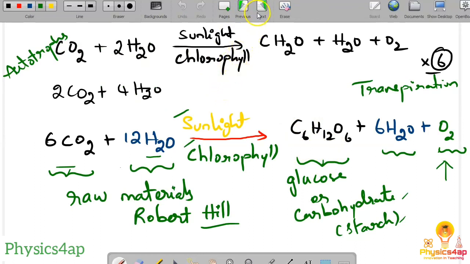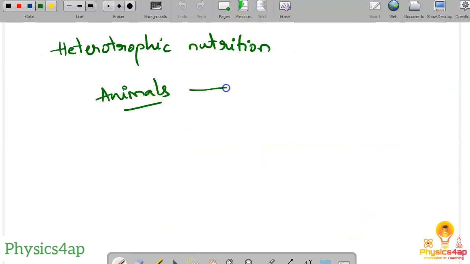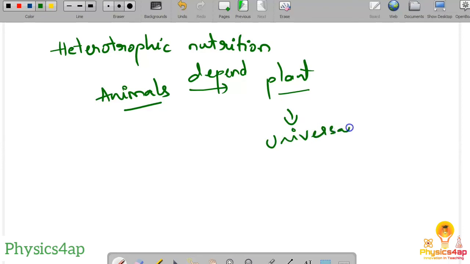It is only the plants that can prepare it. That is why animals depend upon plants for food. Not only animals, the birds and we humans also depend upon the plants. So that is why plants are called the universal food provider.